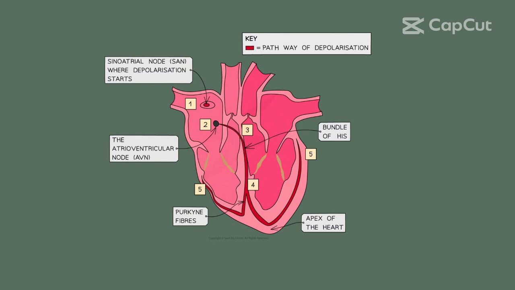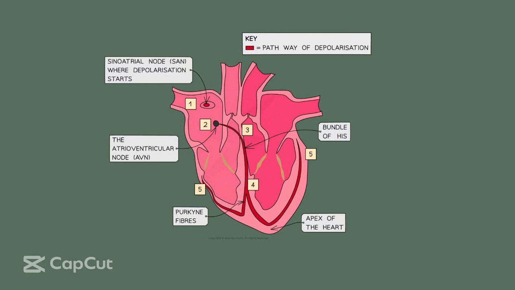The electrical signal, having reached the atrioventricular node, then travels down through specialised cells which are made for conducting electricity, and we call this collection of cells the bundle of His. So these are adapted to carry the signal from the atrioventricular node very quickly down the apex of the heart and then out into both ventricles.